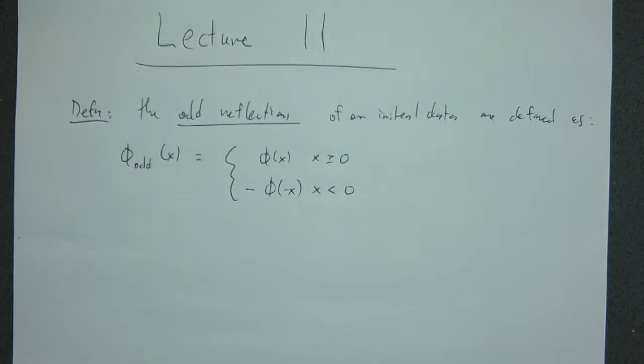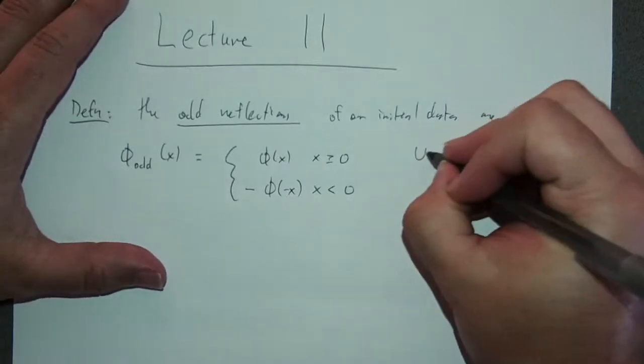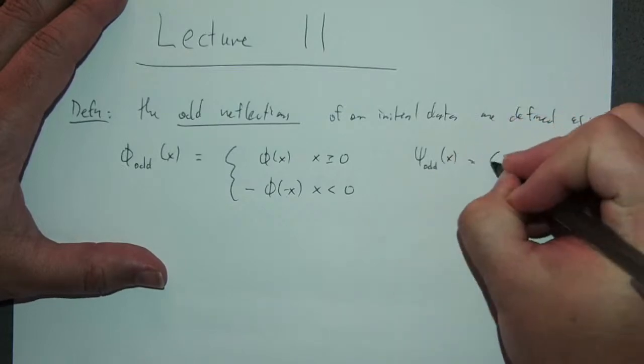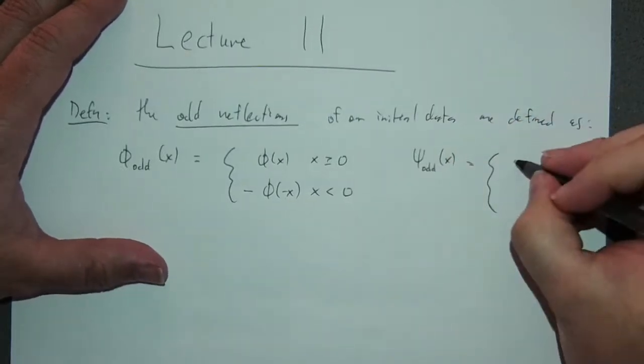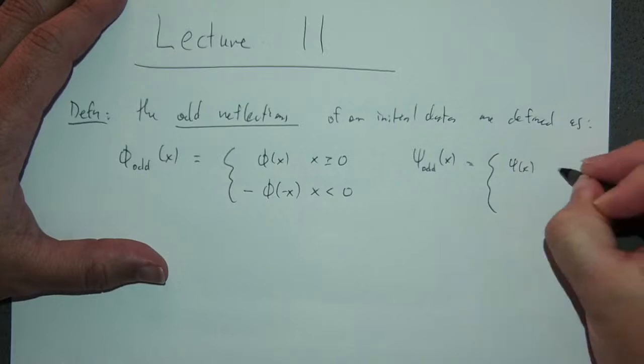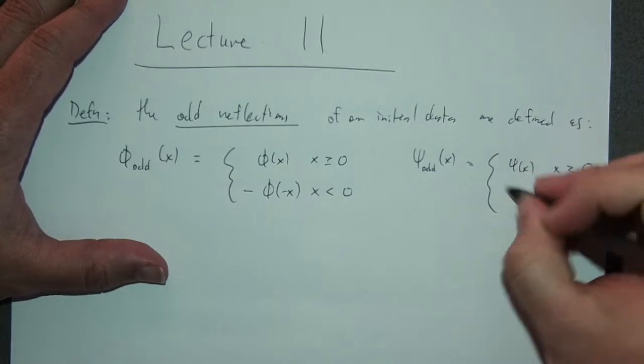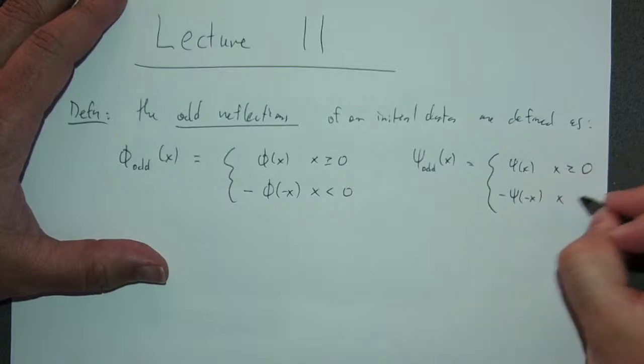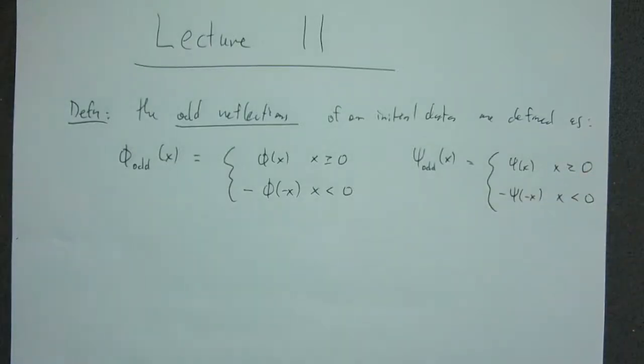Right? Okay, that should do it. And similarly, c odd of x is just c where c is defined, and it's minus c of minus x on the left half of the real line.